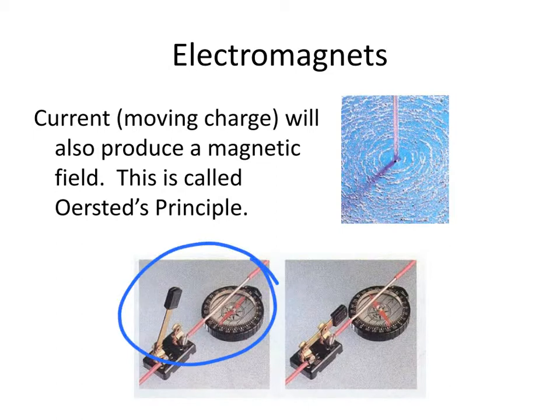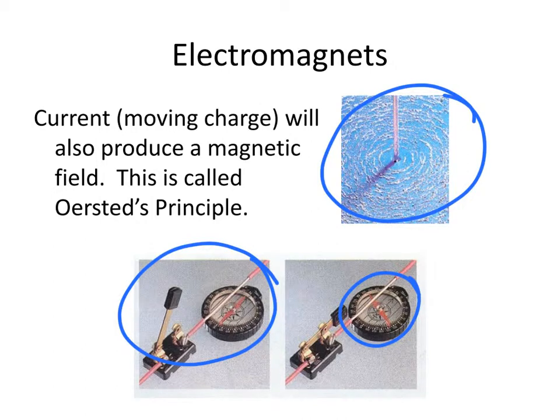Then he turned it, and when the current was turned on, he noticed that the compass needles moved to be perpendicular to the wire. And so he discovered that an electric current will produce a magnetic field. We can see here that that magnetic field is circular in shape, so it wraps around the wire.